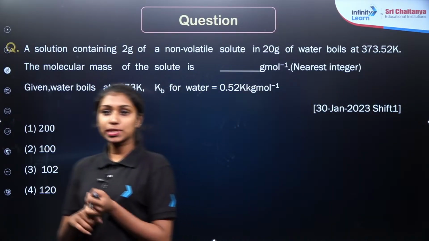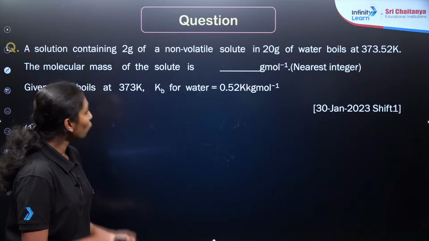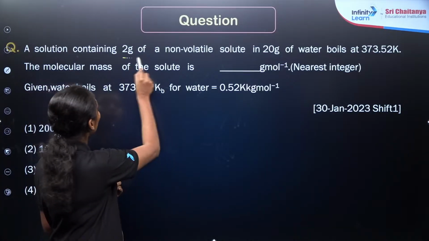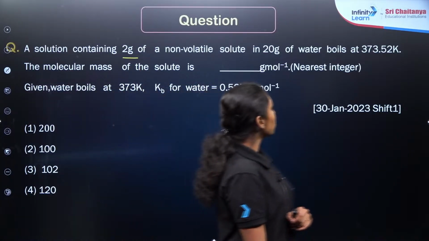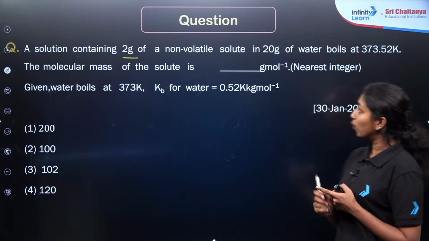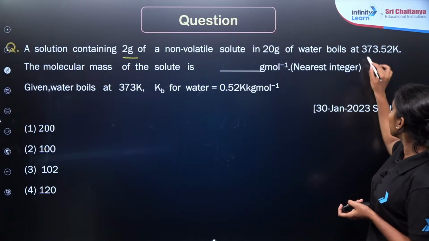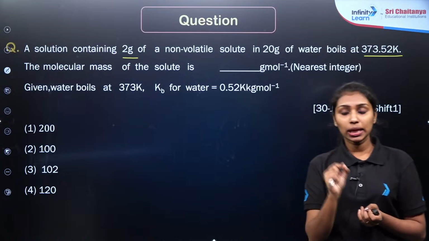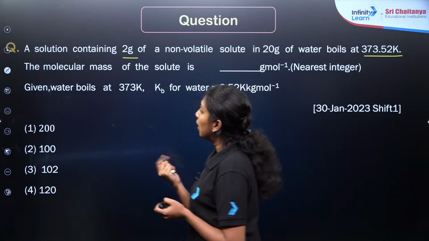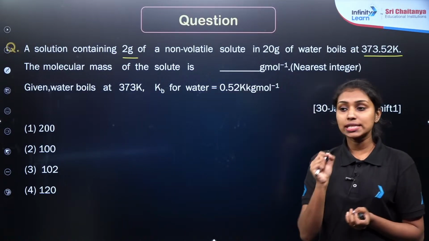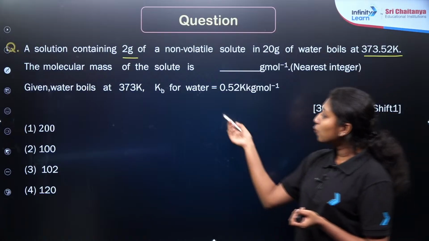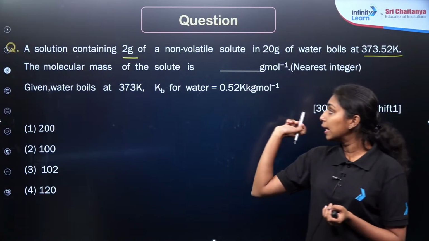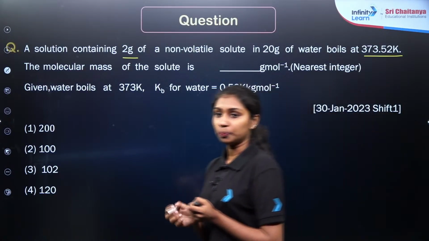A solution containing 2 gram of a non-volatile solute in 20 gram of water boils at 373.52 Kelvin. We need to find the molecular mass of the solute. It is given that water boils at 373 Kelvin and the Kb for water is 0.52 Kelvin kilogram per mole.